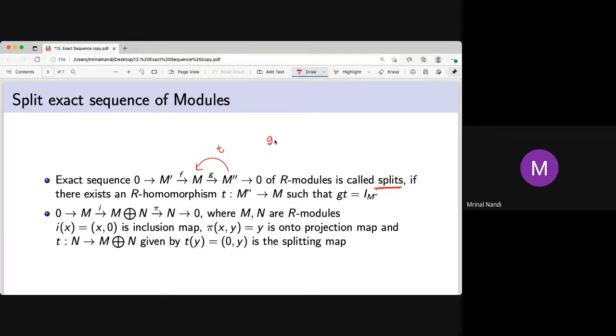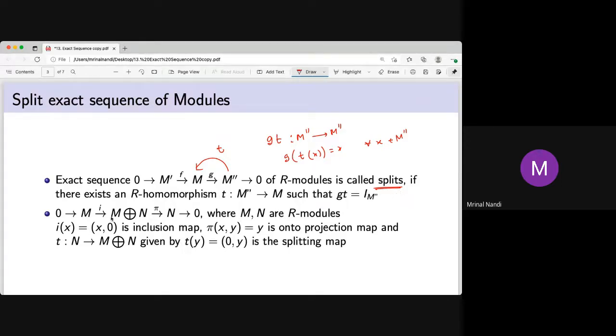So g composed with t of x is x for all x in M''. So if there is such an R homomorphism t, then it is called a split sequence, a split exact sequence.